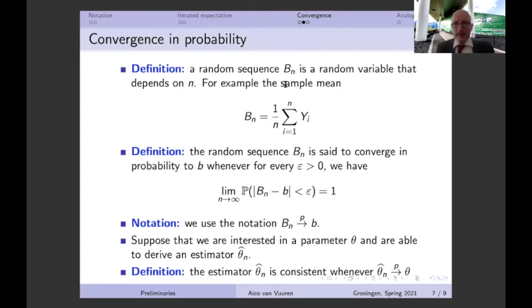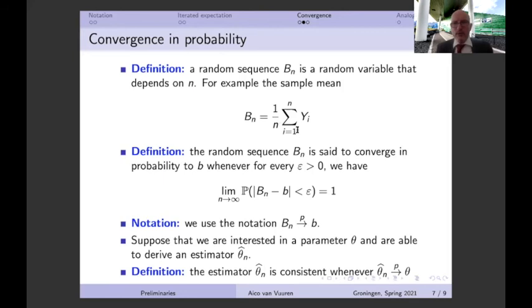It's immediately clear that the distribution function of this thing that we have over here depends on n, even though we will know in general that the mean of this thing doesn't depend on n, but the variance does. A random variable that changes with respect to the variance also changes with respect to the distribution.